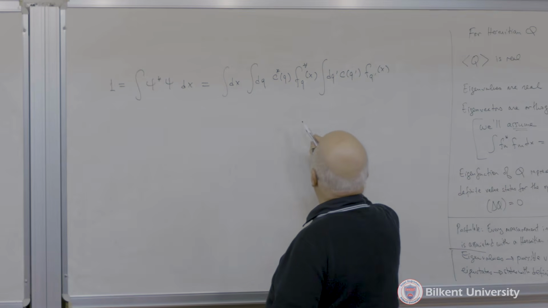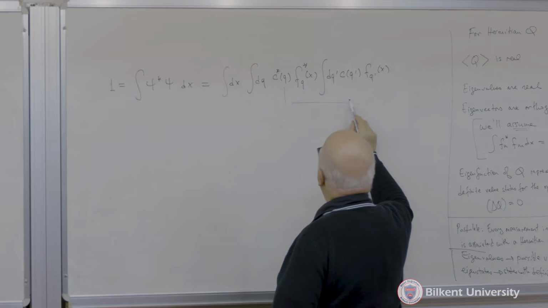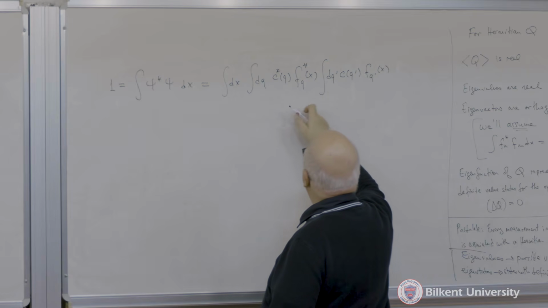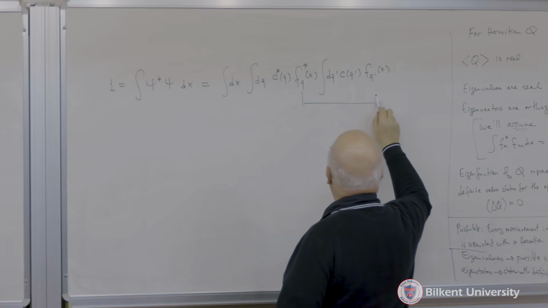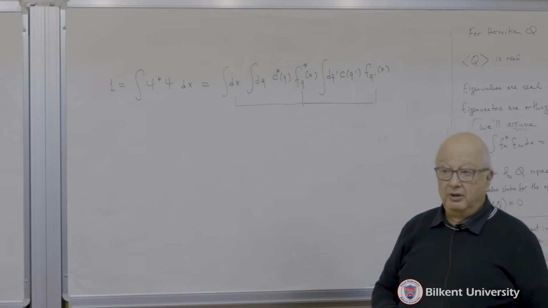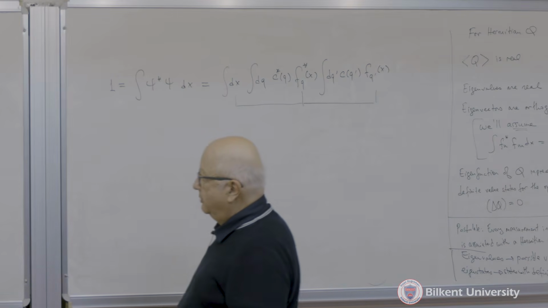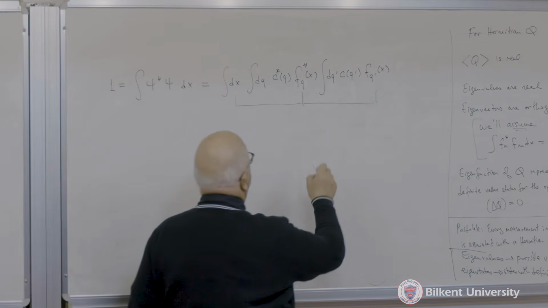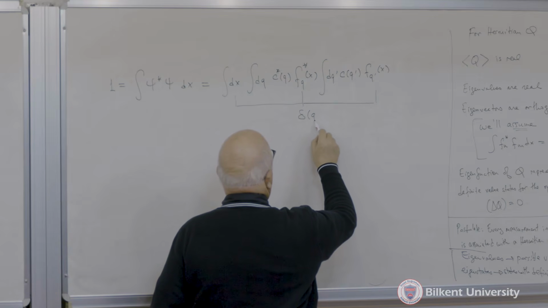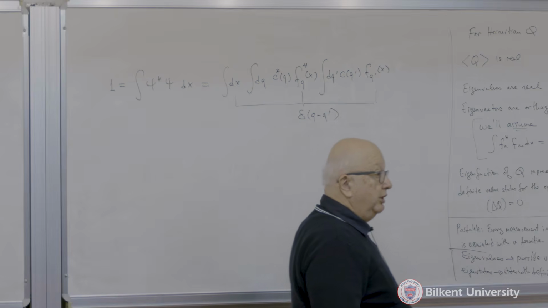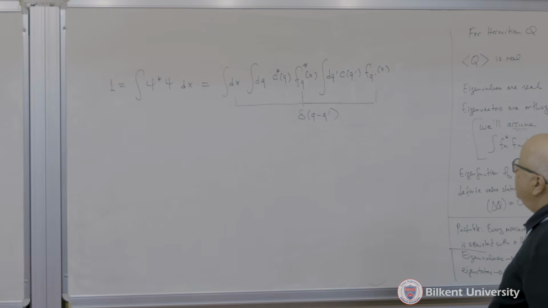Now, again, if you just look at this f q star, f q prime, and dx, that's my delta function, okay? That's how the delta function is defined, so that's going to give me a delta q minus q prime. Okay, so let me just use that to eliminate the q prime integral.